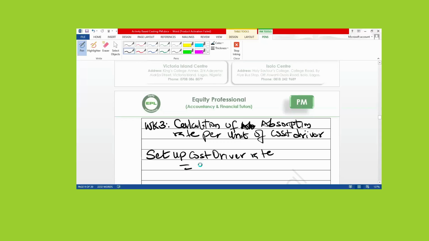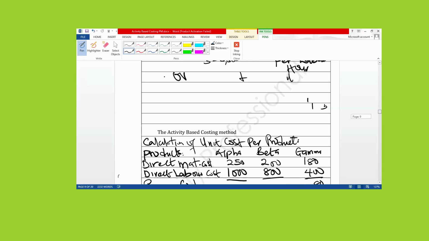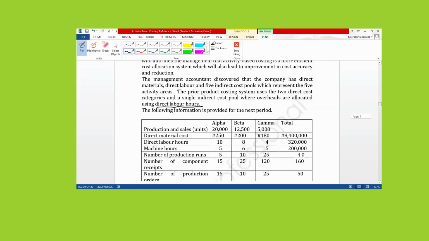This is equal to total setup overhead divided by, now, what is the cost driver for setup? Examiner says production runs.